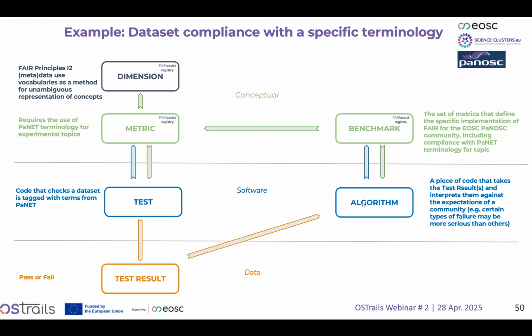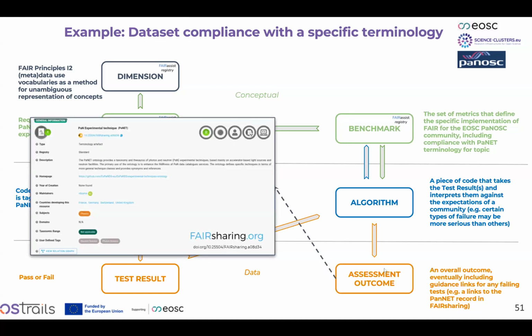The algorithm says, okay, now I'm going to interpret, because remember, there's multiple metrics. And so it may be much more important that you pass test A and B versus test C. Right? So there is some layer of interpretation, right? So certain types of failure may be more serious than others. And finally, we get an outcome.